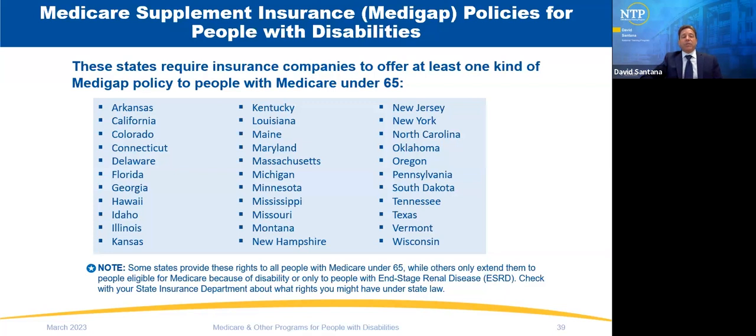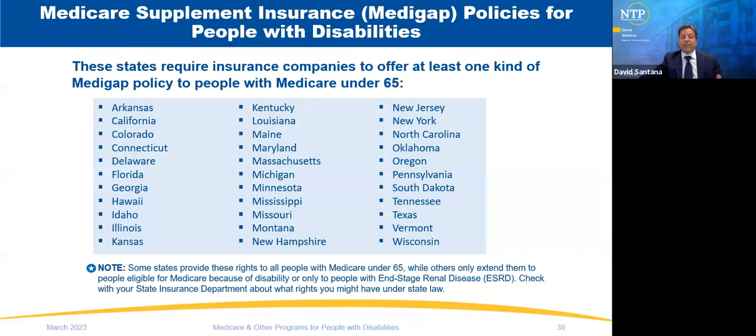Now, with regards to Medicare supplement insurance, the Medigap policy for people under 65. Federal law does not require a Medigap plan to be sold to individuals under 65, whether you're getting Medicare because of a disability or because of end-stage renal disease. However, many states have more flexibility to go beyond what Medicare offers.